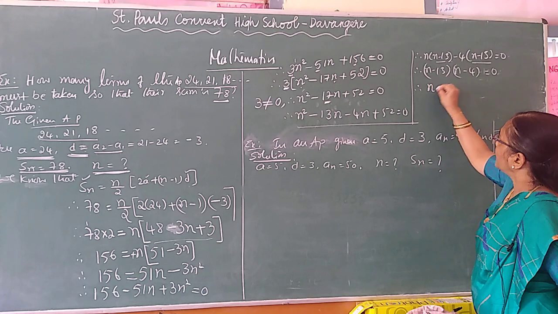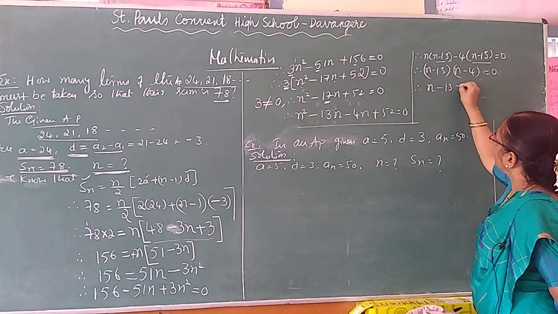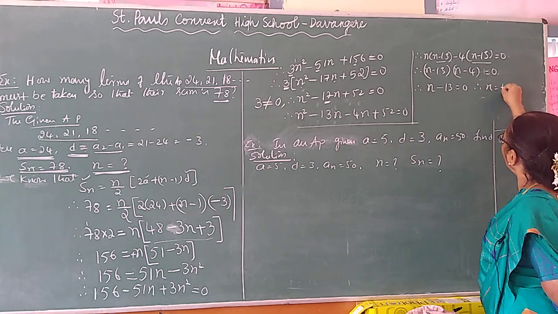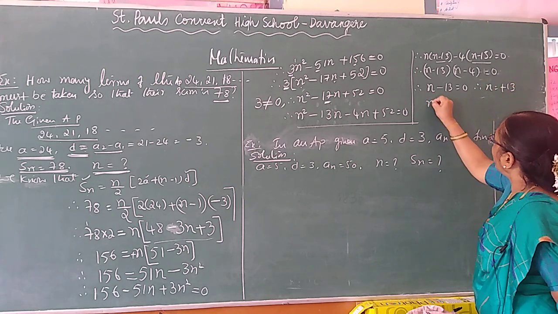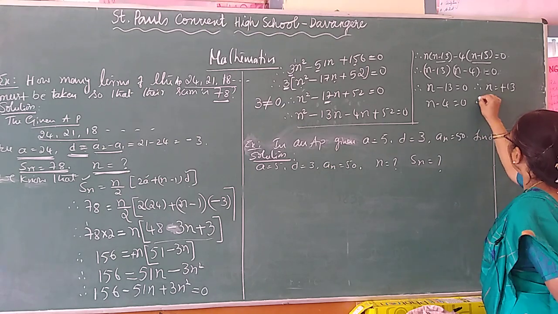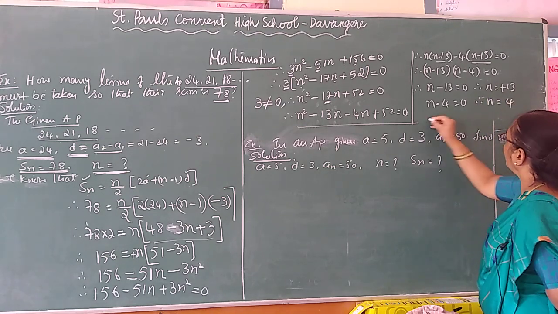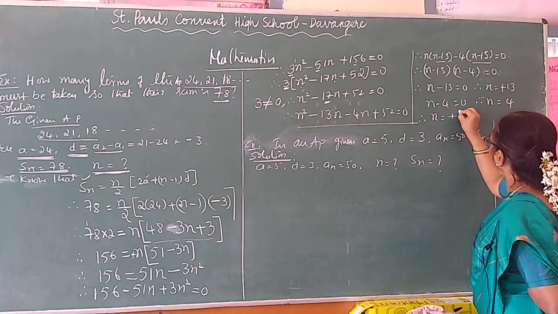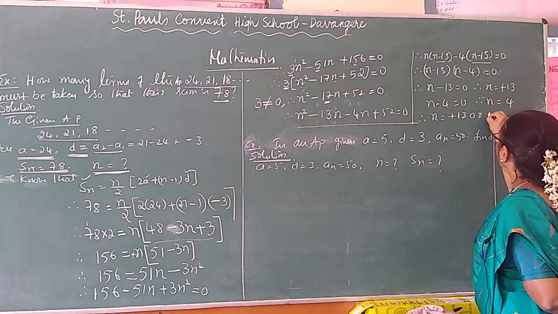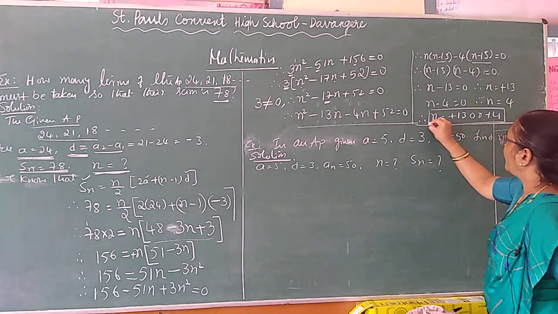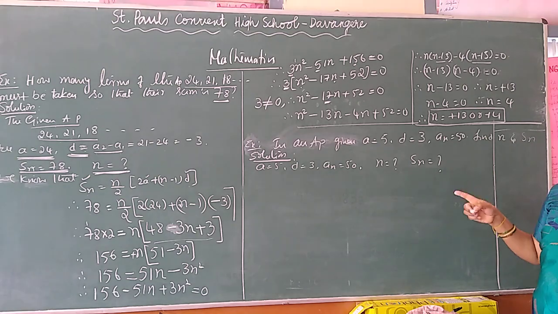So n has two values. n minus 13 equal to 0, therefore n is equal to plus 13. If n minus 4 equal to 0, then n is equal to plus 4. So n has two values, plus 13 or plus 4. This is the value of n we can find by the factorization method.